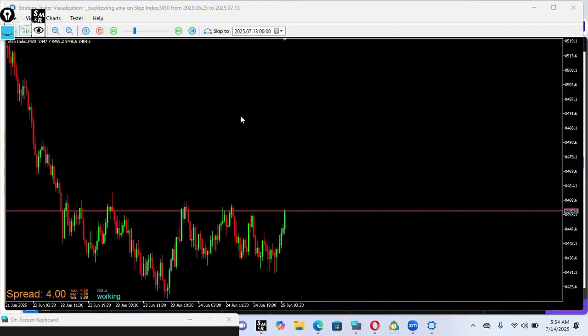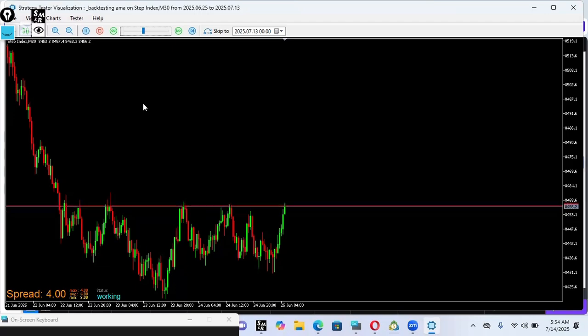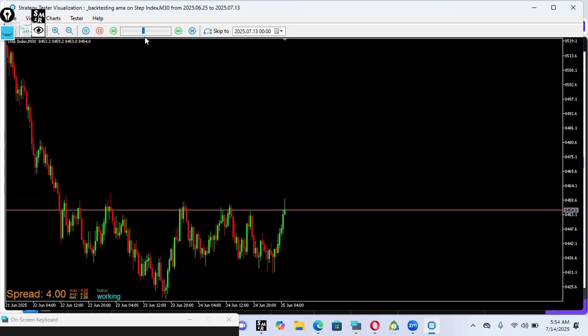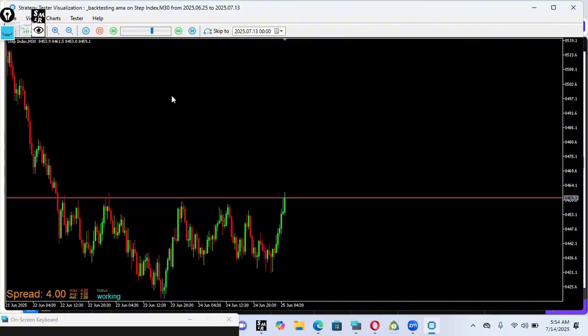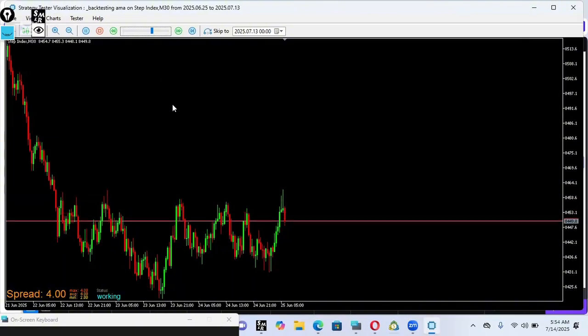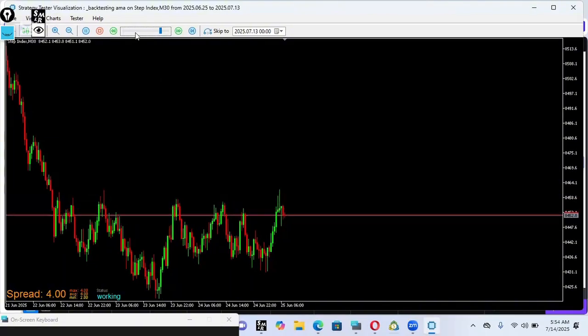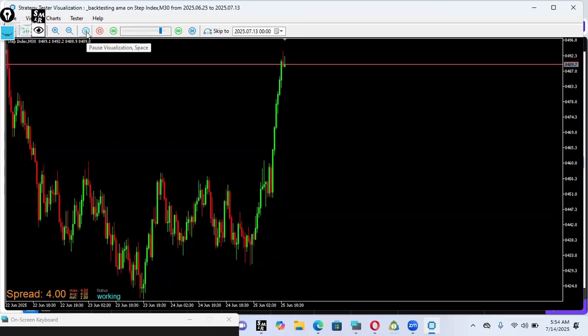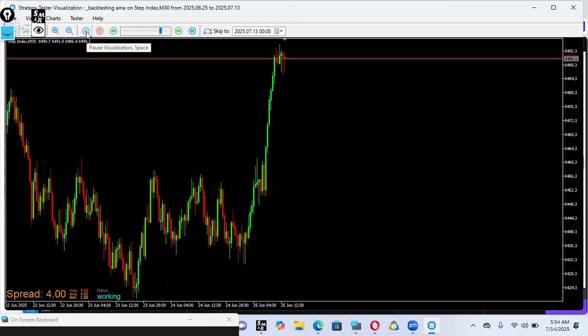I want to teach you this killer strategy. So here on my chart we are now, and this is step index. Basically we are starting with synthetic indices, and you can see the chart is actually moving. Now before I start trading, I have to make sure I get a good setup that will enable me take a nice trade.